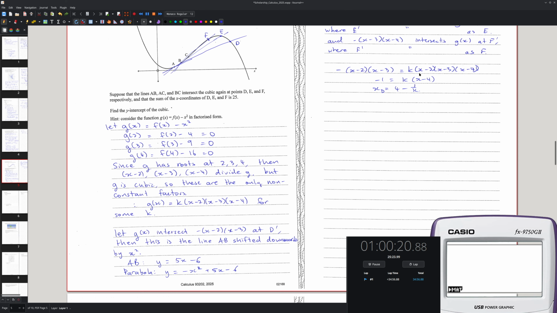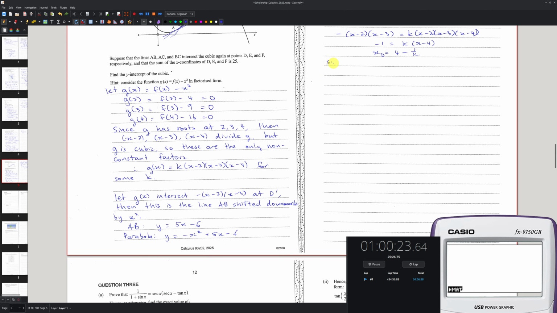Similarly, x of E is equal to 3 minus 1 over k, and x of F is equal to 2 minus 1 over k. So 9 minus 3 over k is equal to 25. 3 over k is equal to, is this right? 16. k is equal to negative 16 on 3.